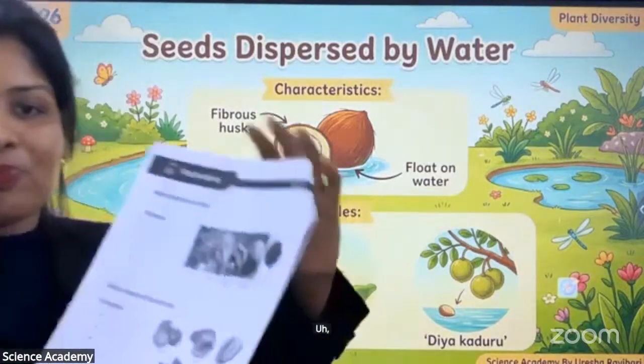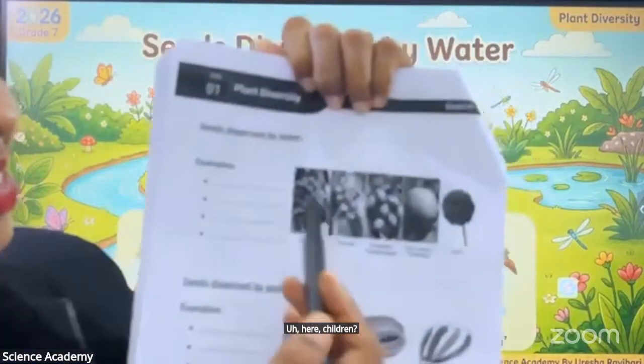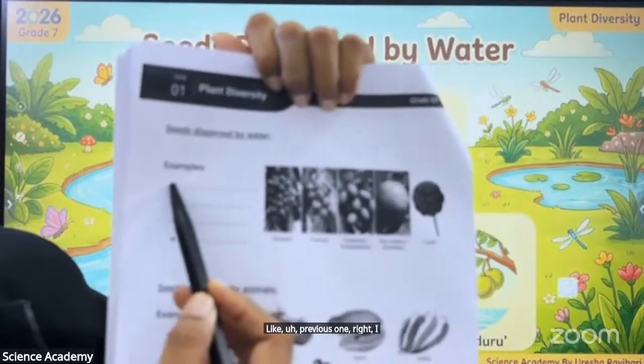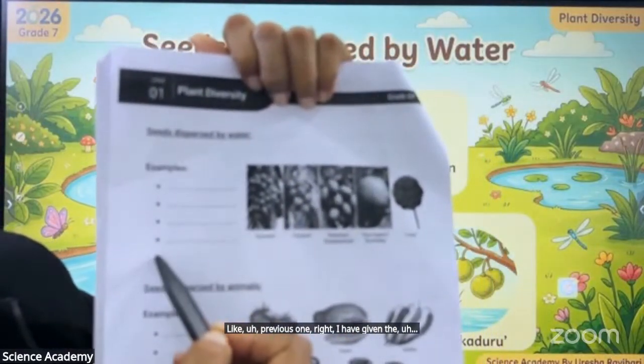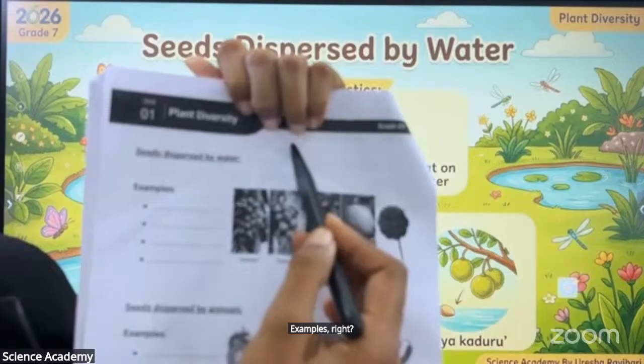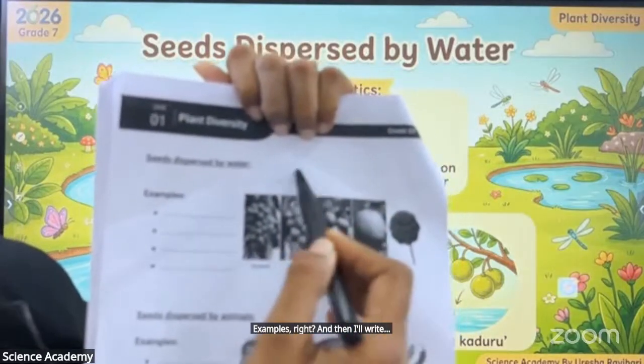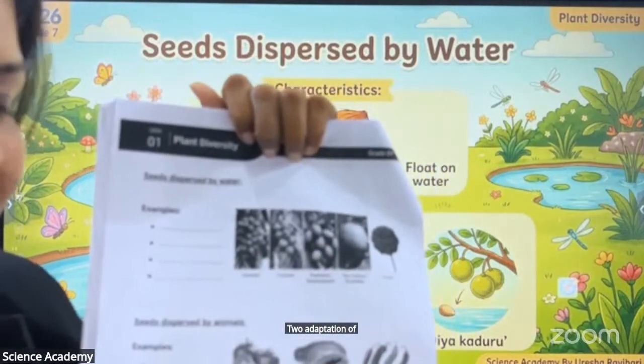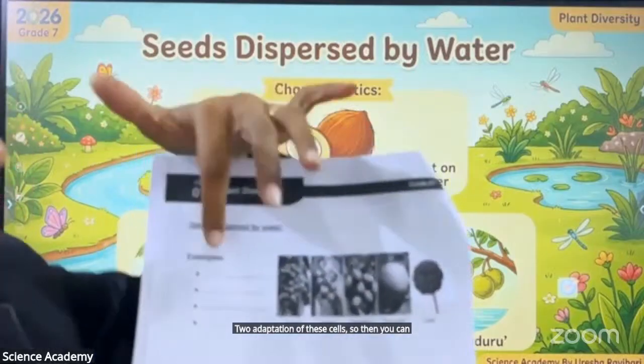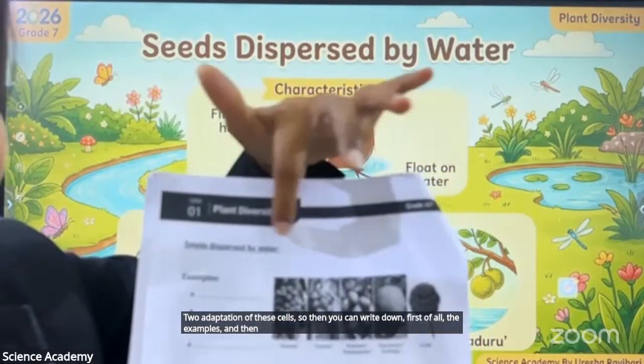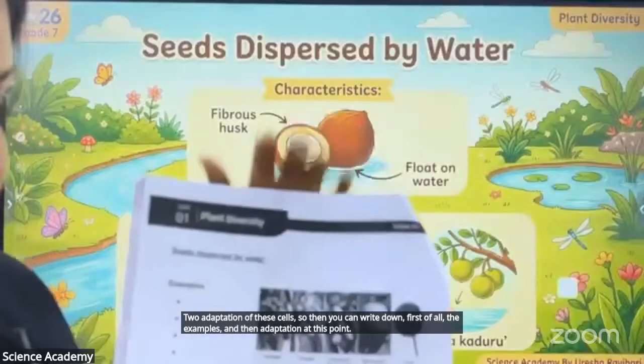Here, children, like the previous one, I have given the examples, and then I'll write two adaptations of these seeds. So first of all you can write down the examples and then the adaptations at this place.